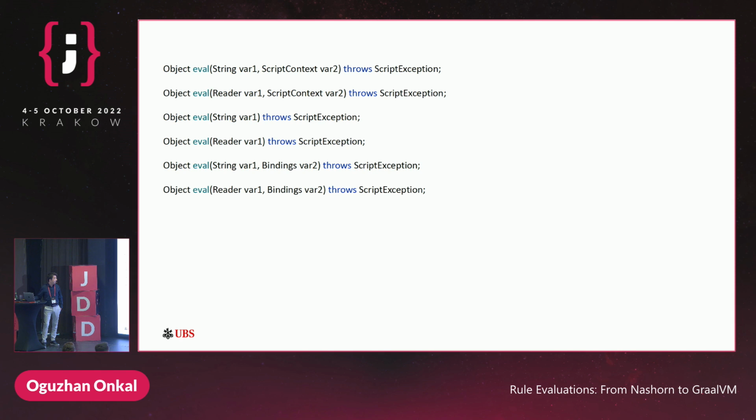It executes what we provide as arguments. For example, with a string, you can embed the JavaScript code as an argument, but you can also pass a file reader, or any implementation of Reader. There are also four variations of it with context and bindings, but we'll come to that in a bit.